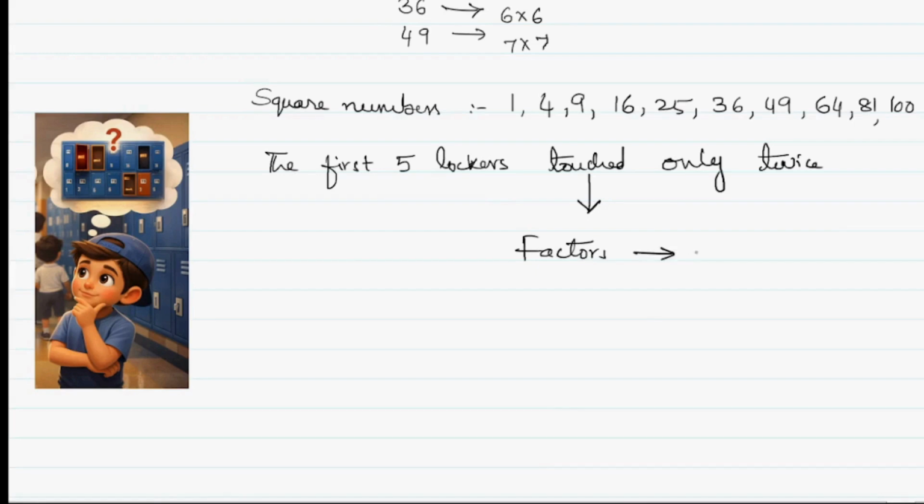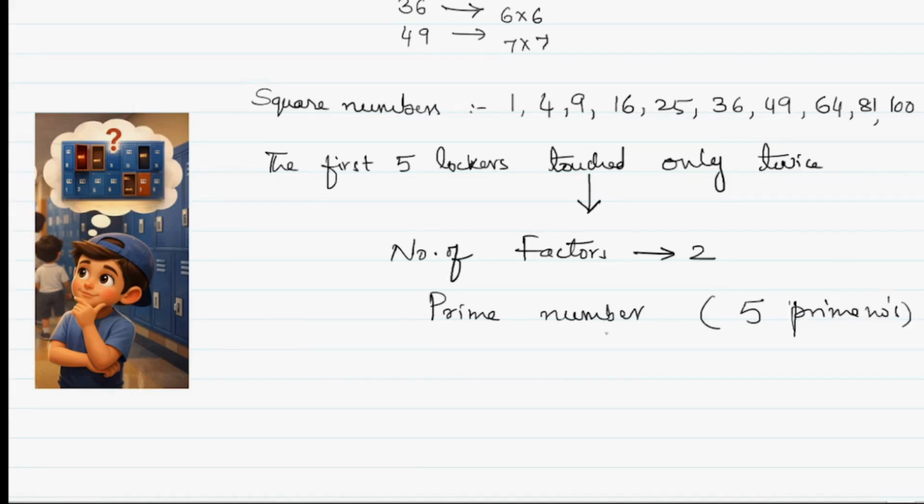So touched twice means the number of factors is 2. Do you remember the word? The numbers which have only 2 factors? Yes, prime numbers. Means he has to search for the first 5 prime numbers.